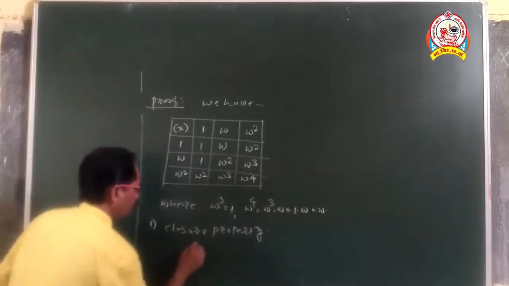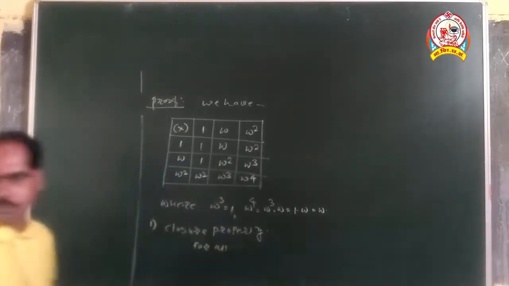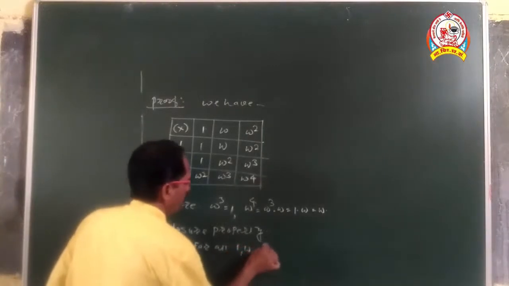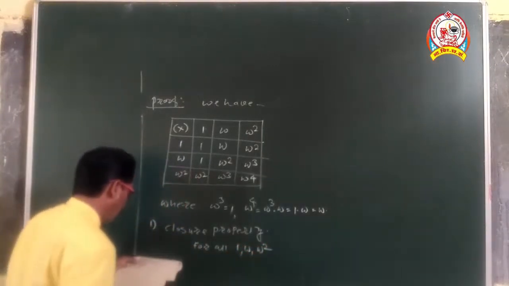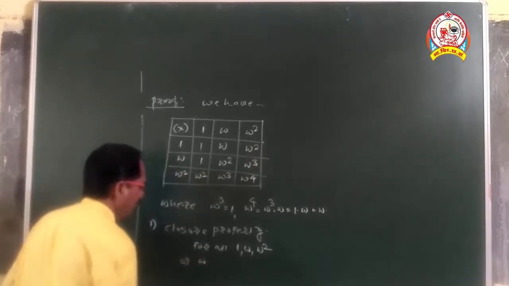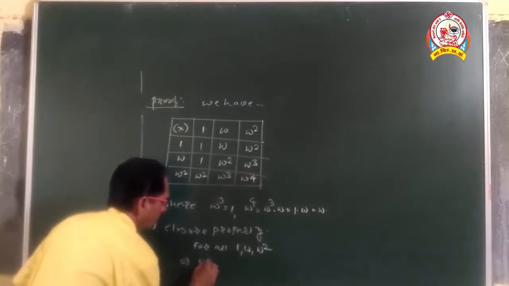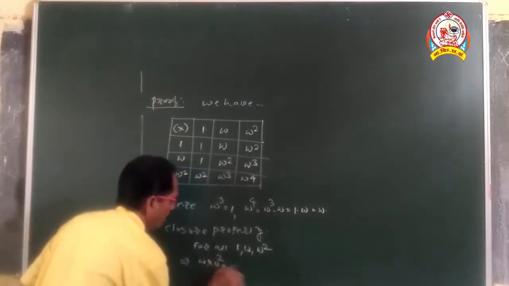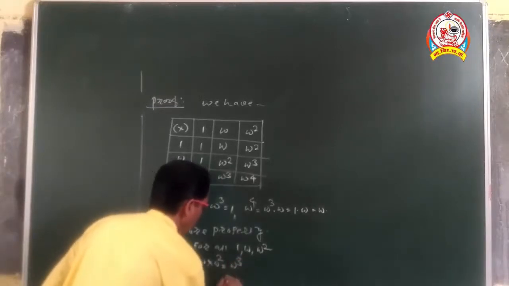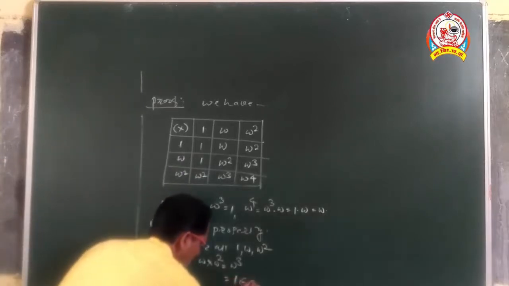For all 1, omega, omega square, by definition of closure property, omega into omega square is equal to omega cube is equal to 1 belongs to G.